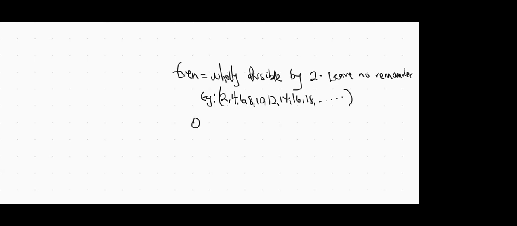Next, this is just a quick recap, so please, let's be involved. Odd numbers. We understand odd numbers are numbers that are not wholly divisible by 2. When they are divided by 2, they always leave a remainder of 1, right?